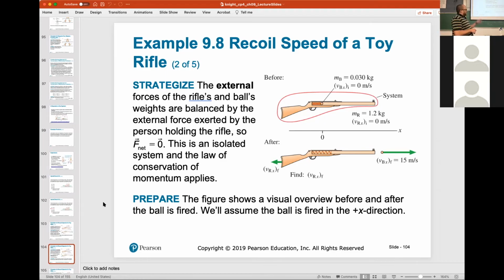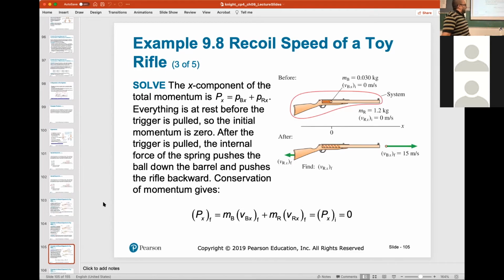We say, all right, the momentum of our pellet has to equal the momentum of our rifle. And we know the mass of both of those objects. We know the velocity of one. So now we can find the velocity of the other. So their final momentum is different, but their initial momentum is 0. And those two things are both in our system that we're considering.